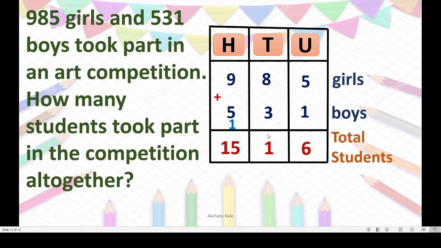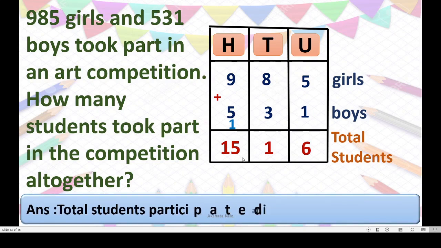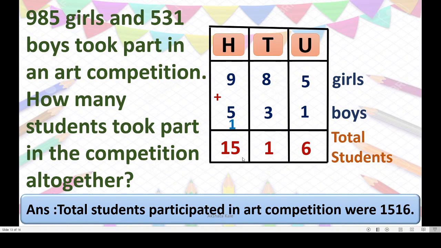That is total students. How to write the answer now? Like this. Total students participated in the art competition were 1516. Got this? Okay.